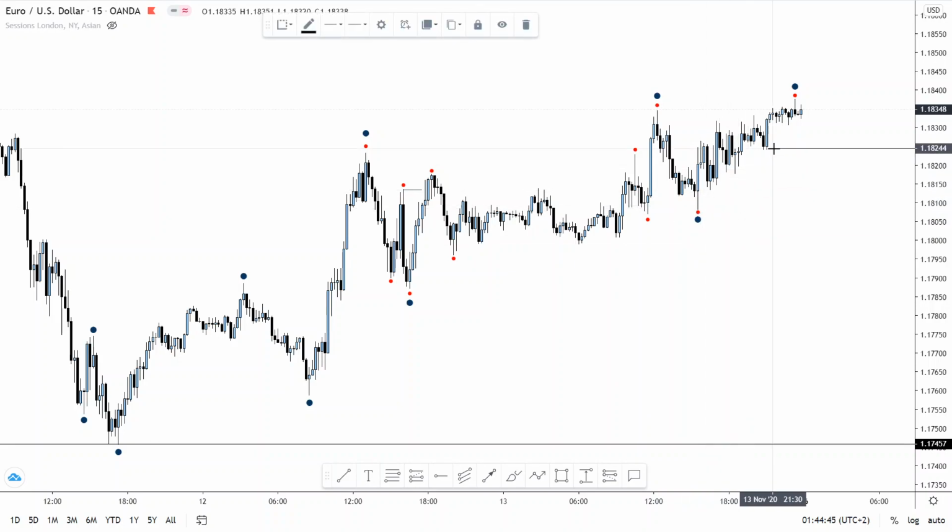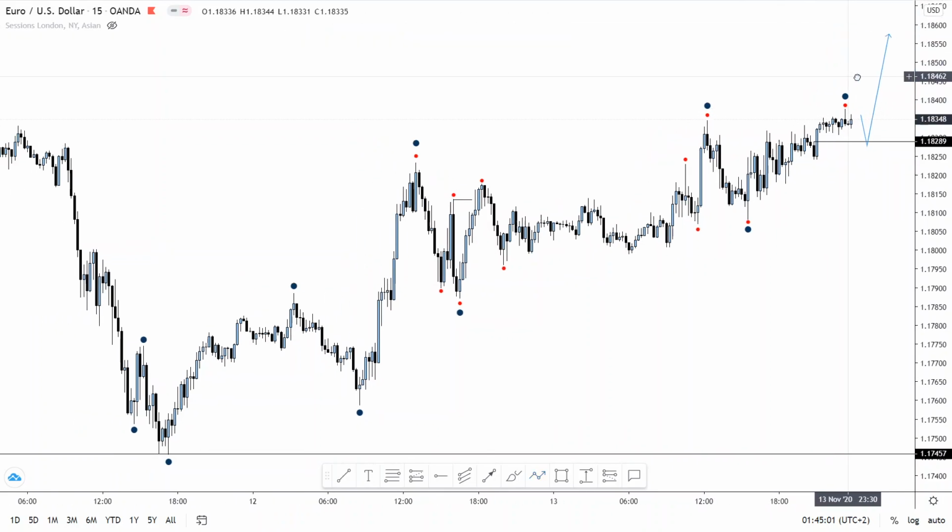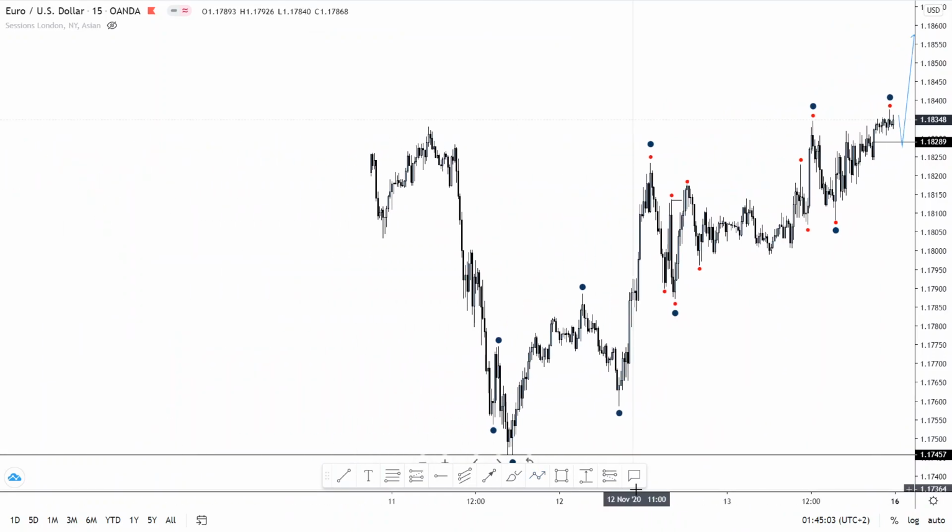So we want to see price trading higher. Can either even come back here, can either come back here. We don't know that. I don't know that. Can come back here and then push higher. Let's see.